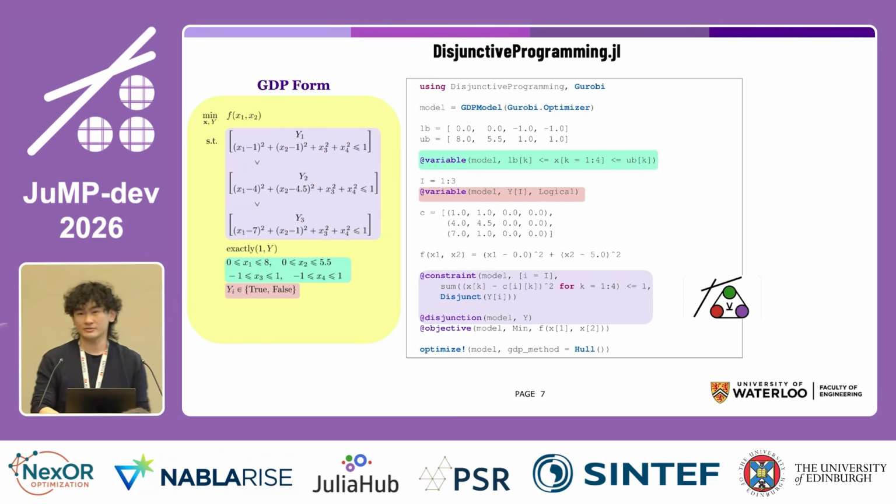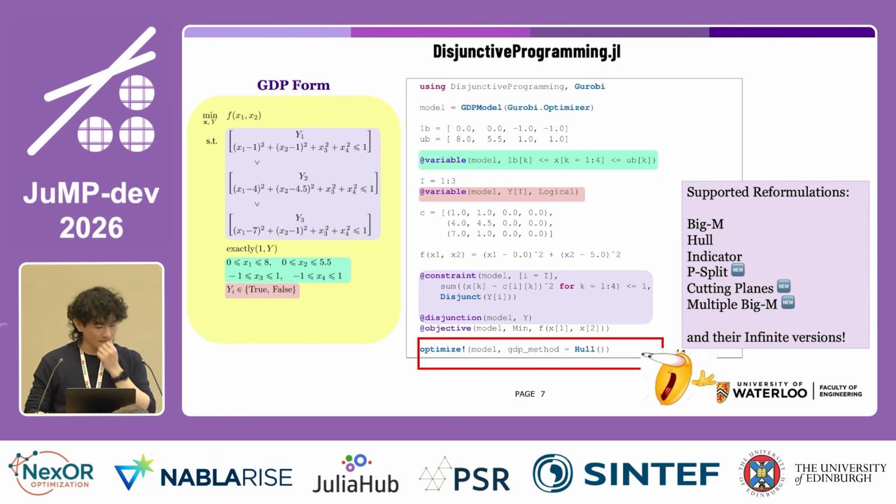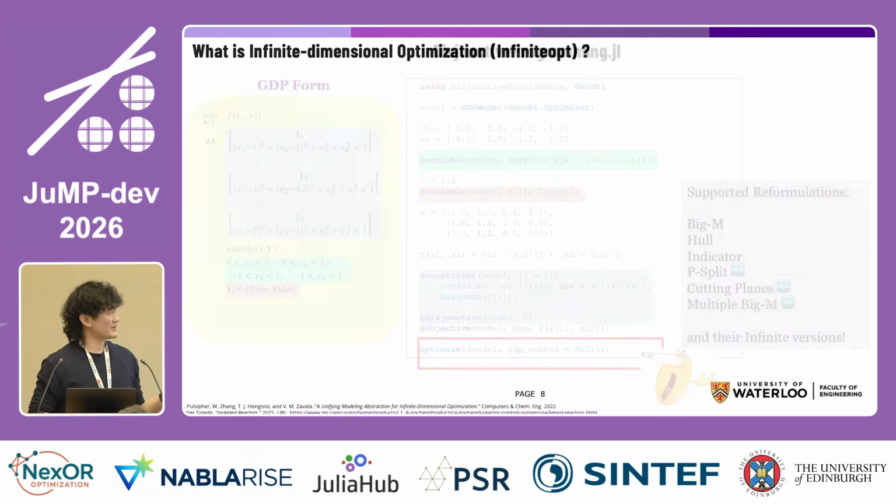So it's very clean, and you don't need to worry about the relaxed or the MIP form, because our package does it for you. You can change to things like Big M, multiple Big M, and hull with one keyword, and these are what we support right now. We also support their infinite dimensional versions, which I'm going to get into right now.